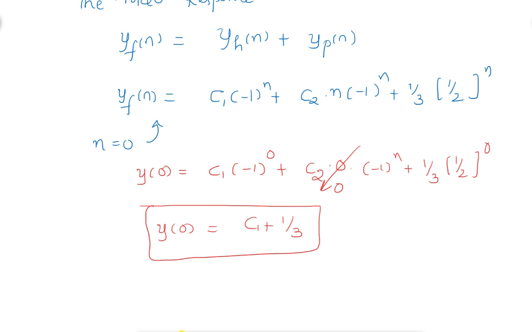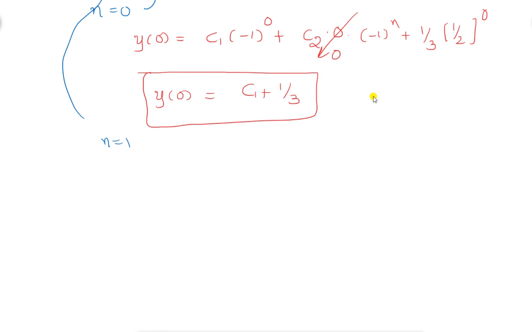Now at n is equal to 1, by substituting n is equal to 1 in this equation, the equation can be written as y of n is equal to c1 into minus 1 whole to the power of 1 plus c2 into 1 into minus 1 whole to the power of n plus 1 by 3 into 1 by 2 whole to the power of 1.